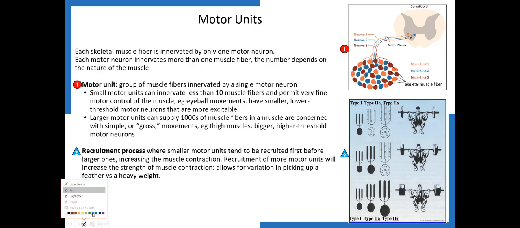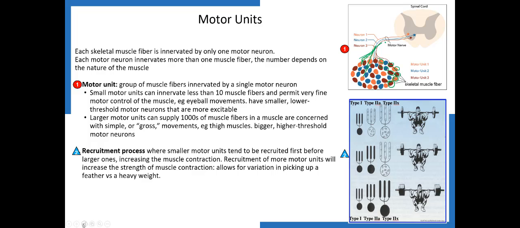I'm going to get another color, maybe green. Each of these is a different skeletal muscle fiber. And what you can see here is that each skeletal muscle fiber only has one single connection to one single motor nerve, right? So each one is connected to the nervous system by one single connection.